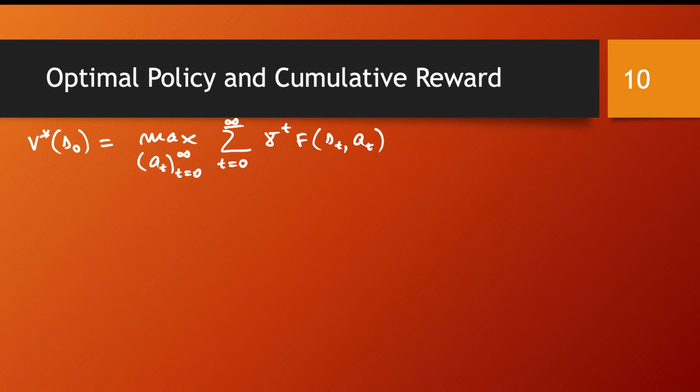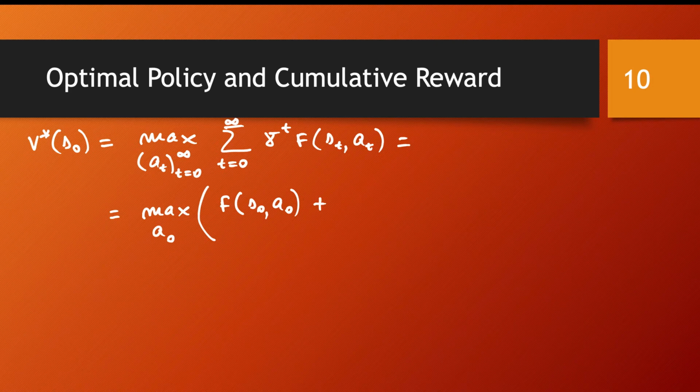And I'm going to write this in the following way. I'm going to write it just by distinguishing the first term in this sum. It's going to be the maximum, and I indicate that first I have to decide on the first action. So it's going to be the maximum of any action A0 I might take of, and so because I'm in state S0, if I take action A0, I'm going to get whatever reward this function specified.